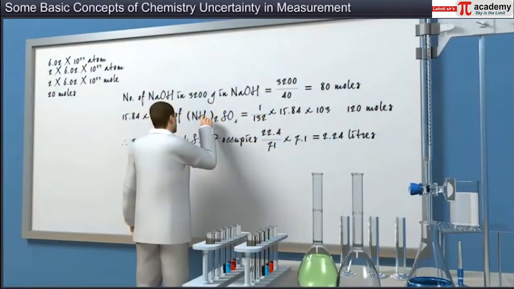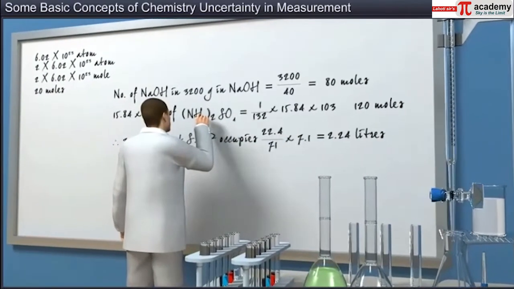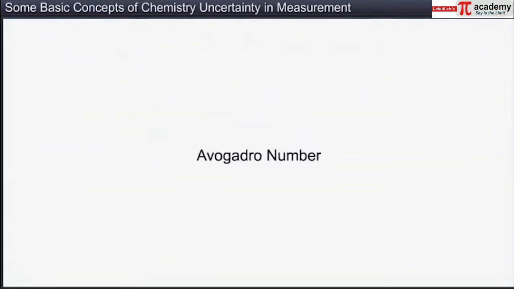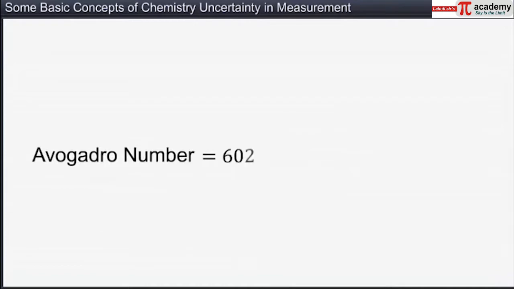Thus, chemists have to deal not only with a large number of atoms and molecules, but also with calculations containing large numbers. For example, Avogadro number is such a big number that there are 20 zeros after 6022.